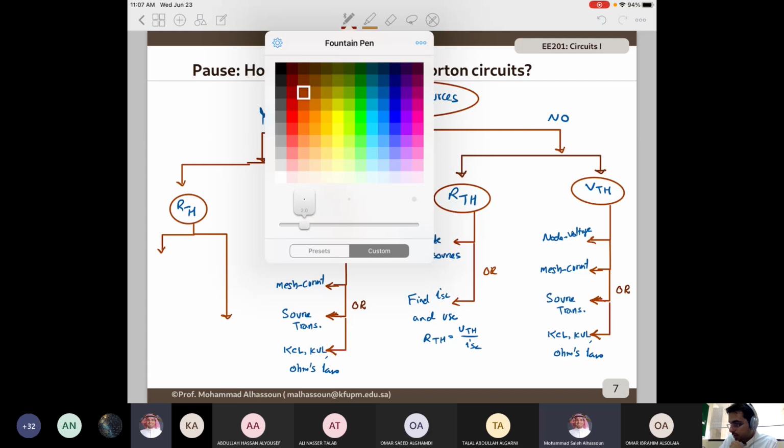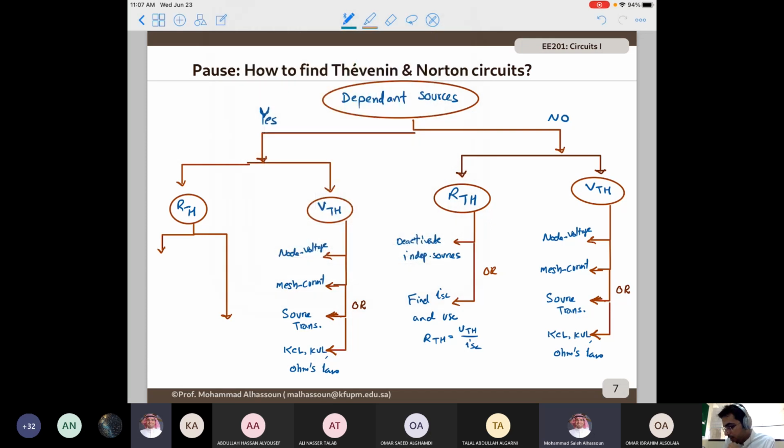The first case will be finding I short circuit, something similar to what we had when we talked about the case where we don't have a dependent source. So find I short circuit, then R Thevenin equals V Thevenin divided by I short circuit. So this is the first option.